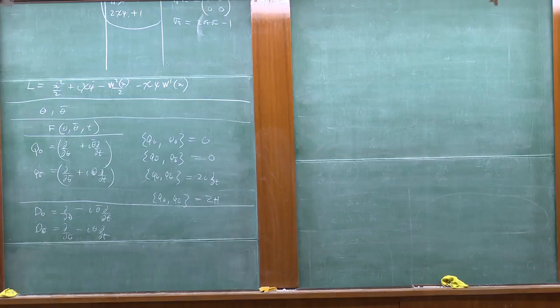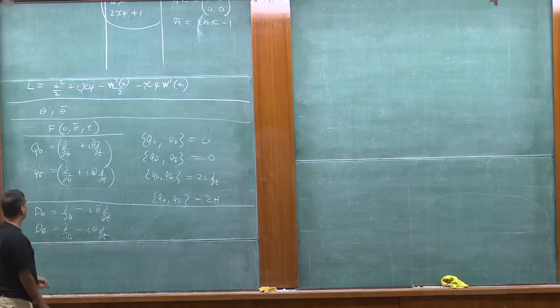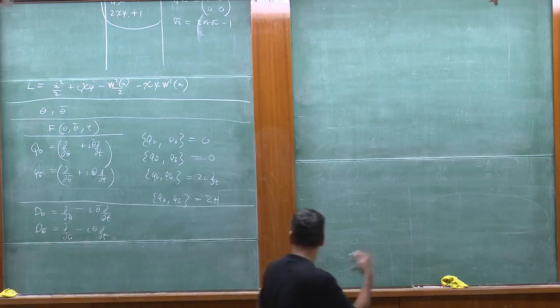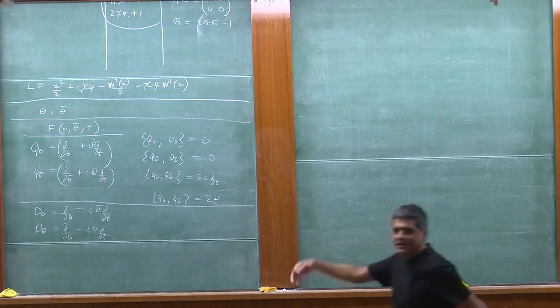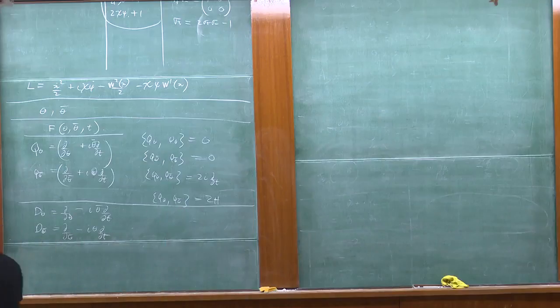Now, if you compute the algebra of D with D bar, D squared will be 0, D bar squared will be 0, and D anticommutator D bar will give you minus twice the Hamiltonian. Not that that will be of importance. It's almost like they implement almost the same algebra as the supersymmetry.